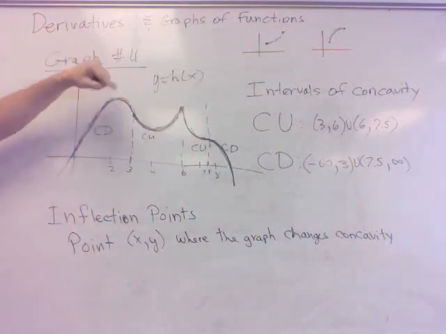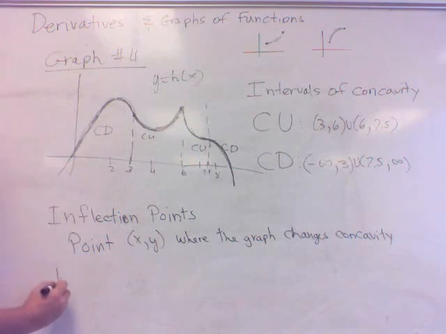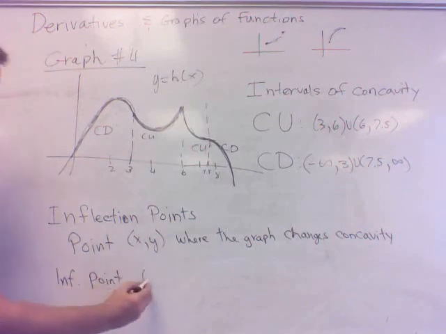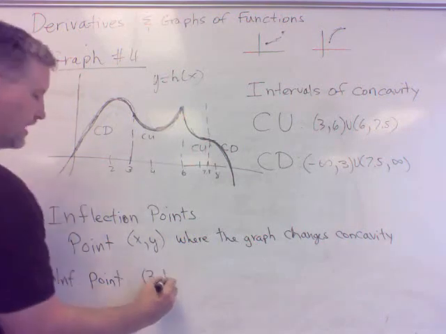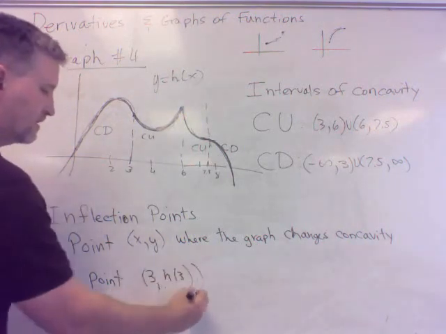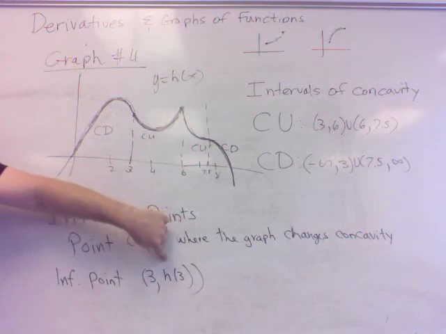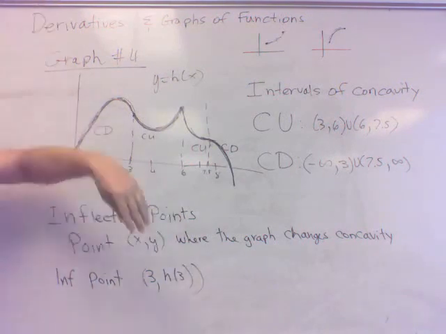So yes, there's an inflection point at 3. And again, it's a point of inflection, so let's just call it 3. And since I don't have values, h of 3 would be my x comma y. You with me there? Because since I don't have the y value, I could estimate it if I chose to, but let's just call it h of 3. So (3, h of 3) is an inflection point.